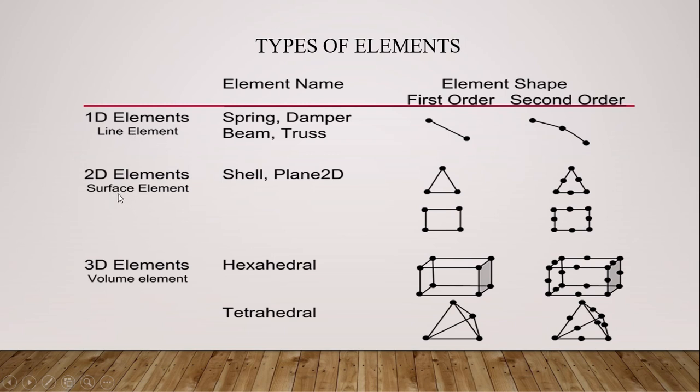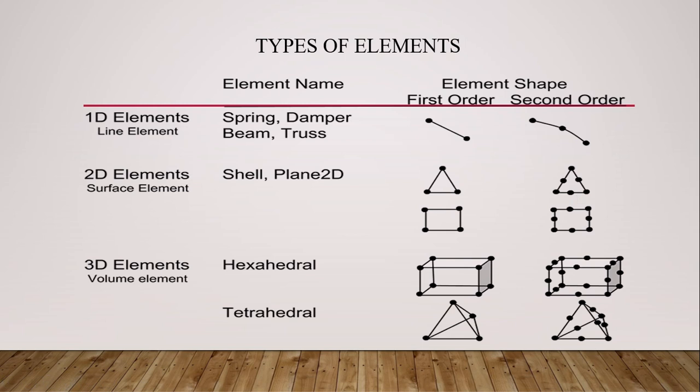Then next are the two-dimensional elements. These are the surface elements. Examples of these 2D elements are shell and plane 2D structure, and here the constant strain triangle and the linear strain triangle are shown. For the second degree elements, there is the quadrilateral element.